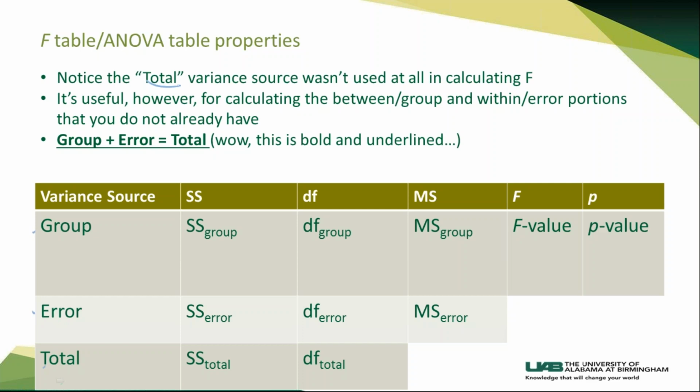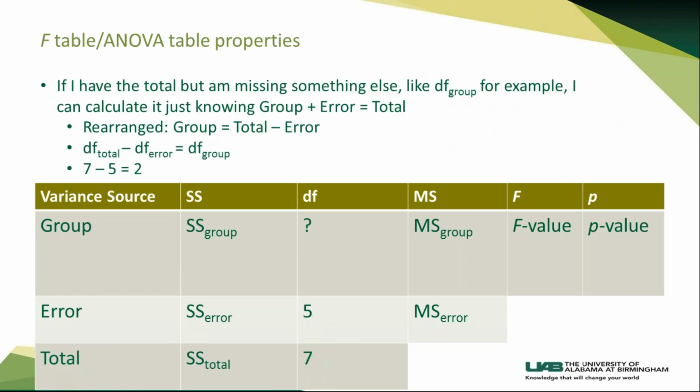And that's a pretty important part of the ANOVA table. Group plus error is going to equal your total. This holds true for the degrees of freedom and for the sums of squares. So if I have 2 out of the 3 here, I can easily calculate the other.